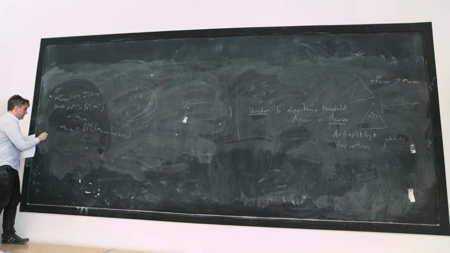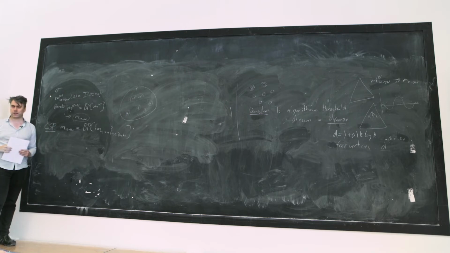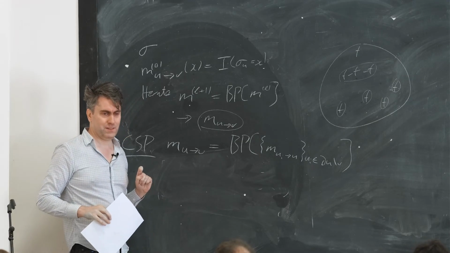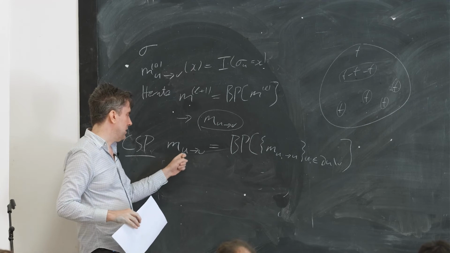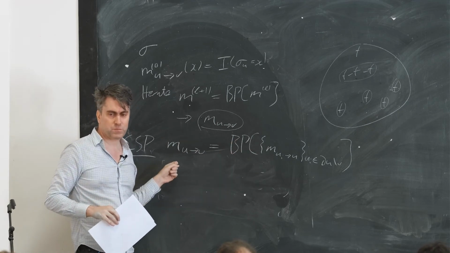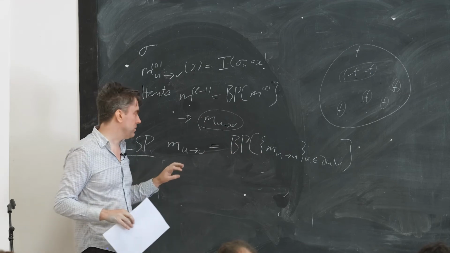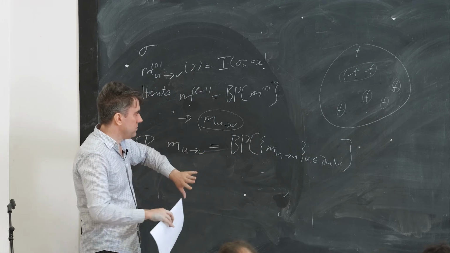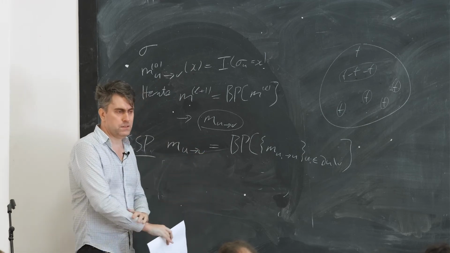And so this set of equations is a constraint satisfaction problem. And this is our definition of what a cluster is. It will be some fixed point of these equations that describes what the cluster looks like.